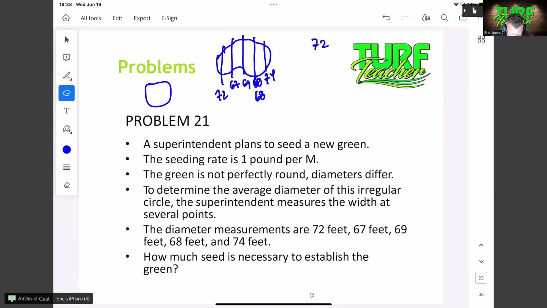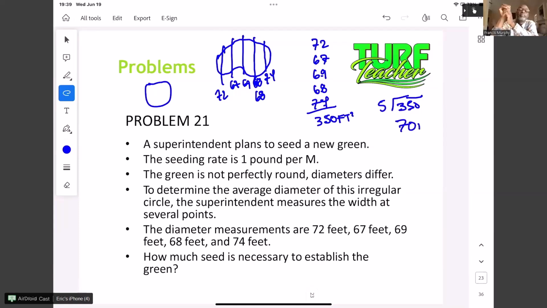So you got 72, 67, 69, 68, 74 is 350 feet. There's 1, 2, 3, 4, 5. So 5 into 350, we have an average of 70 feet. Well, we know that the radius is half the diameter.